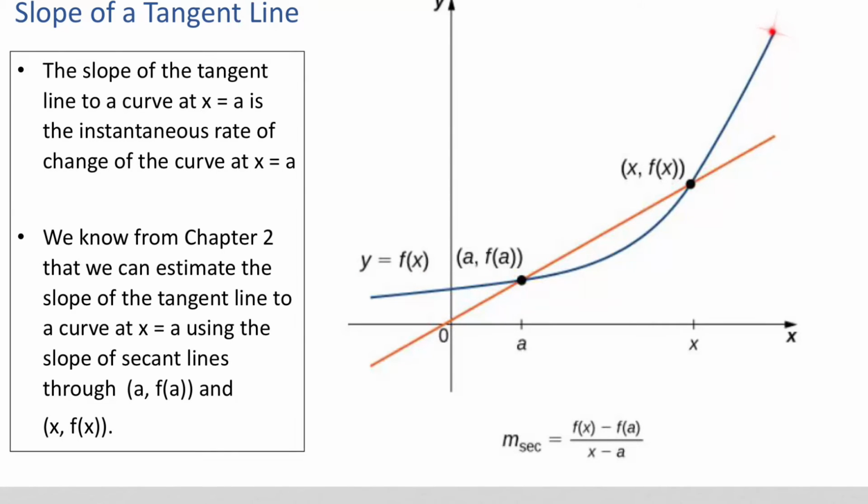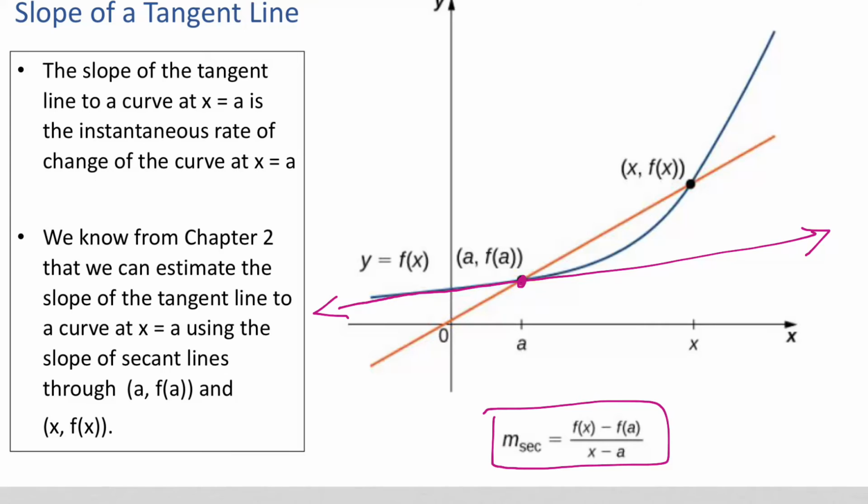And let's say we're interested in finding out what the slope of the tangent line to that curve is at the point a, f of a, where the x-coordinate is a and the y-coordinate is f of a. Well, what we did prior to now is that we used the slope of the secant line.